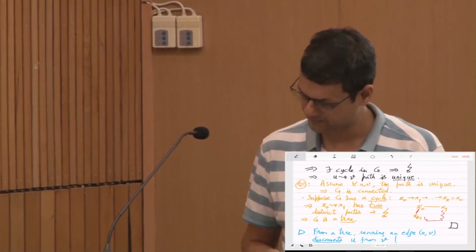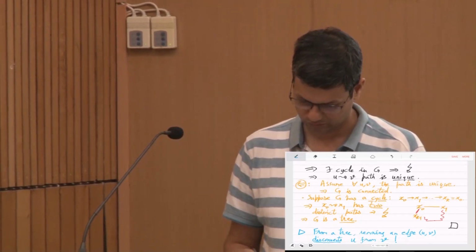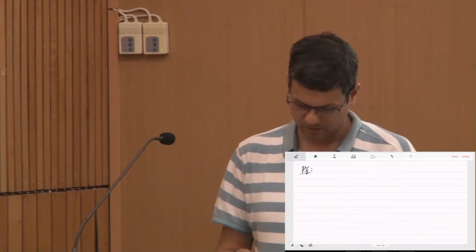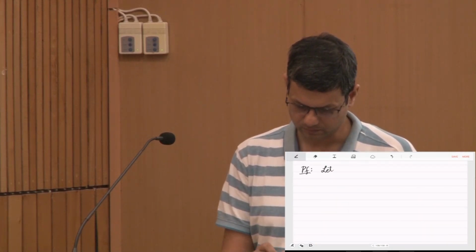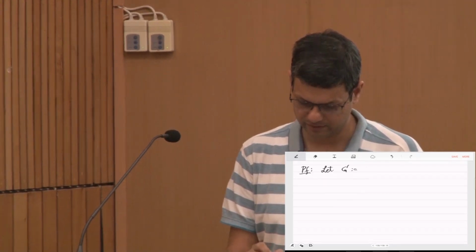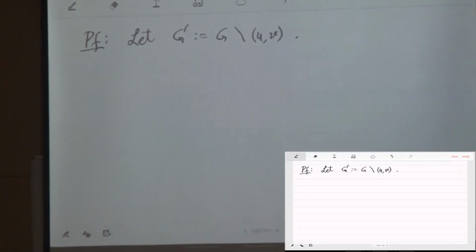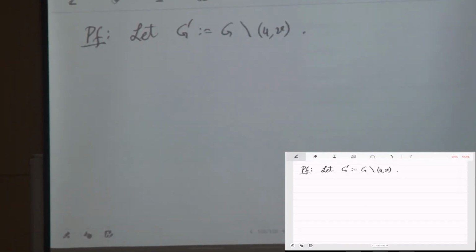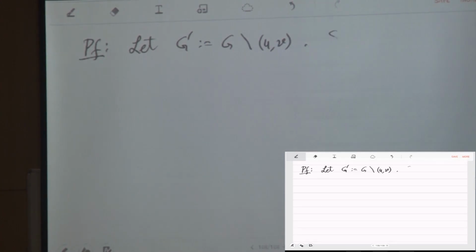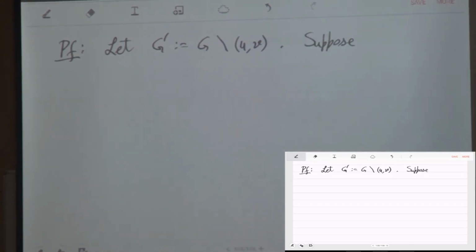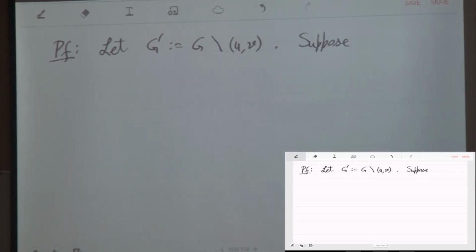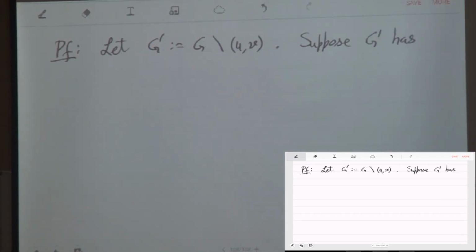How do you prove this? So let G prime be this tree minus the edge, and suppose that there is a path in it. So what happens?